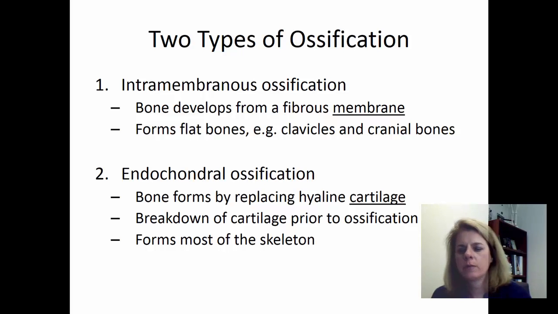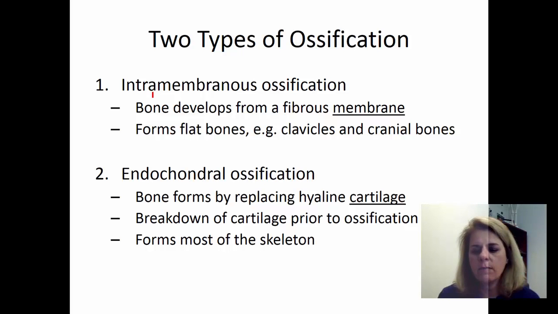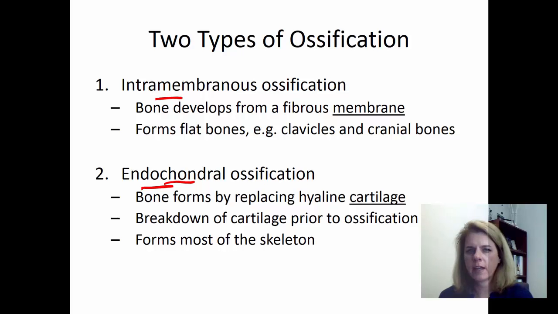The two types of ossification are intramembranous ossification and endochondral ossification. Remember, chondrocytes, cartilage, so that gives you an idea. Membranous thinks membrane. In intramembranous ossification, you make a fibrous membrane first, so your template is a fibrous membrane. This is how we make the flat bones, like the clavicles, the sternum, and the cranial bones.